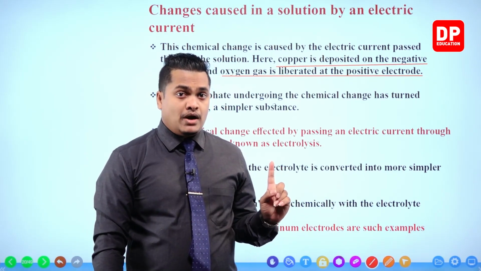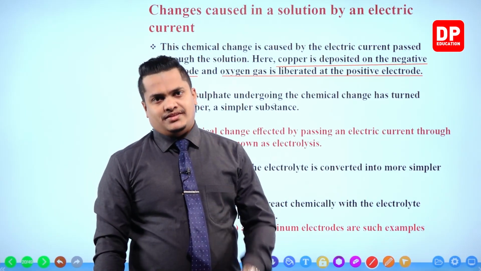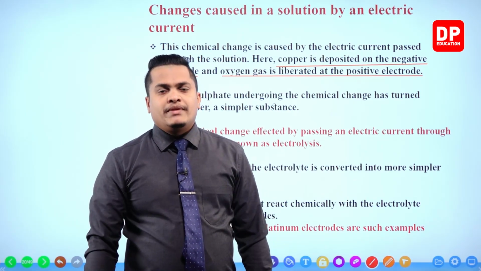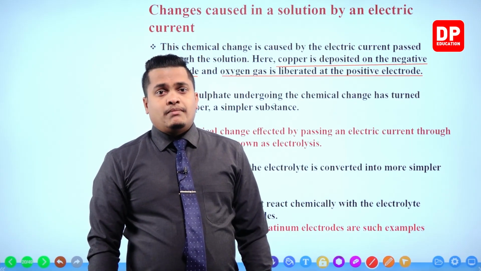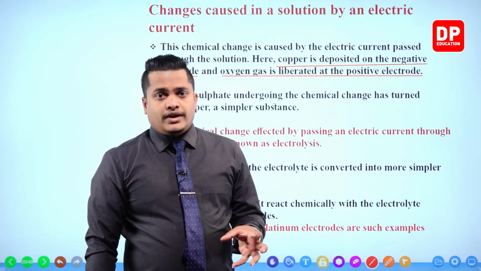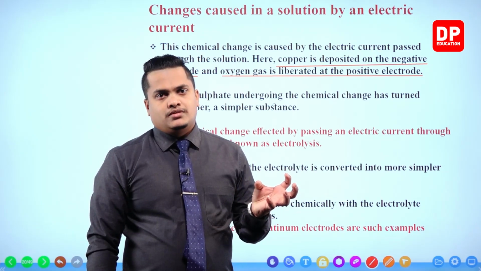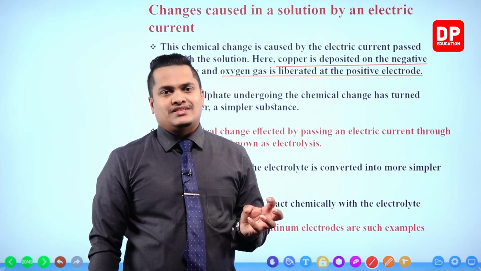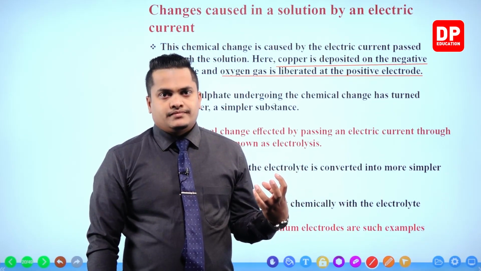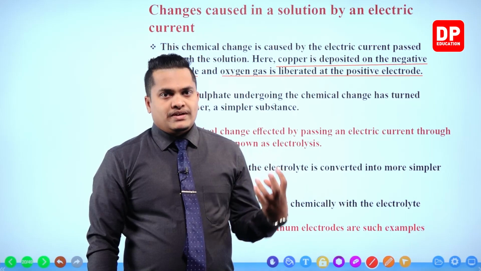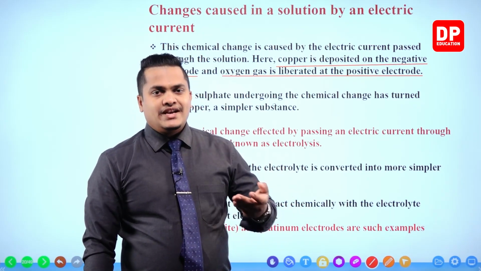Earlier it was a compound, now it is an element. Copper is an element, made up of only one type of atom. Earlier it was a what? It was a compound. A compound is made by joining a few different atoms. So in copper sulfate, copper, sulfur and oxygen are there.